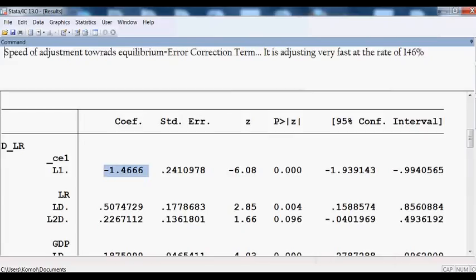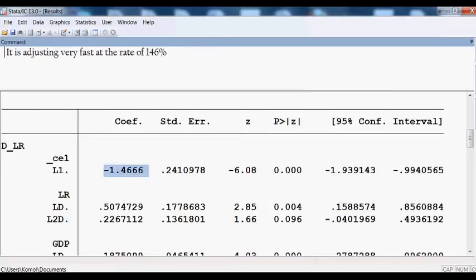It is adjusting at the rate of 146% towards long run equilibrium, right?